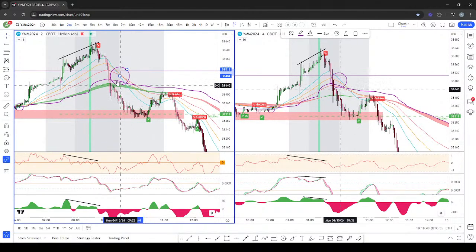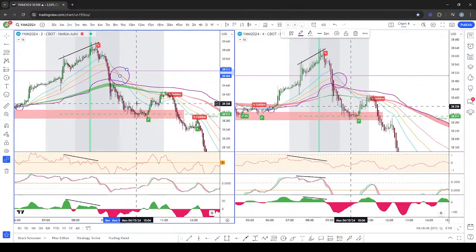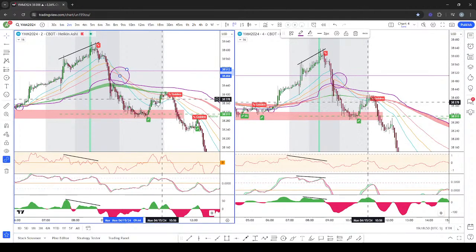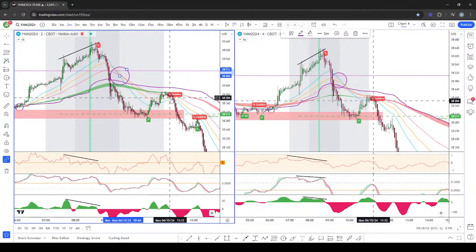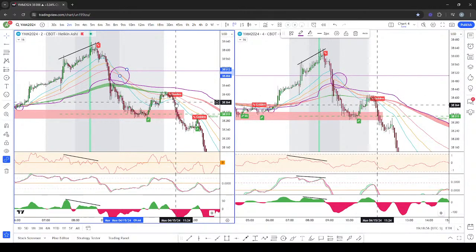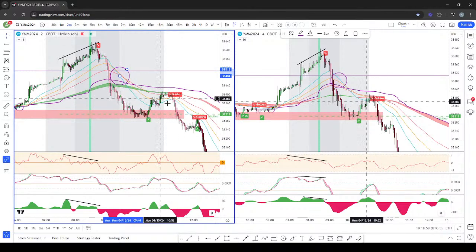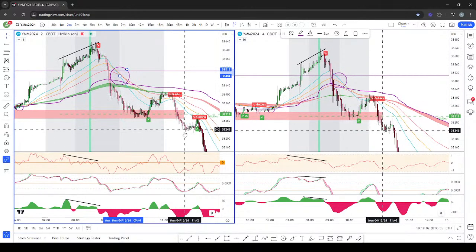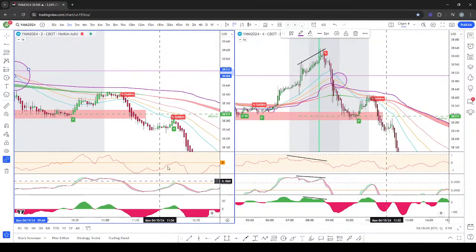And when this happens, you will usually see a pullback. Sometimes it doesn't go into the EMAs, but I like when it goes into the EMAs, and then you will get like a slingshot signal or golden signal in this case, and you can enter your trade to go down, for a short position.